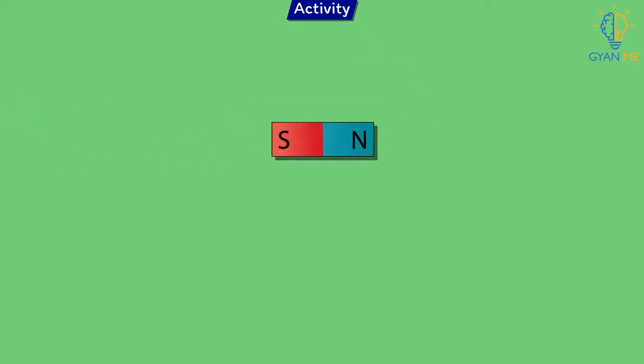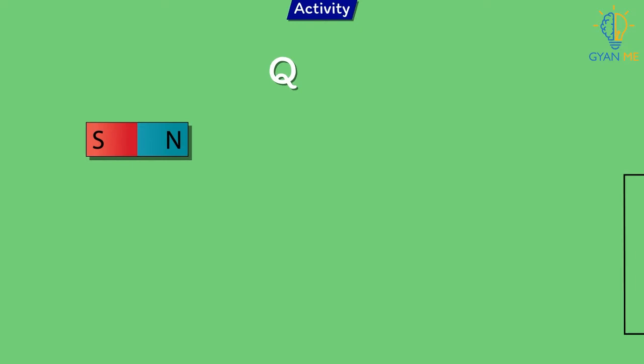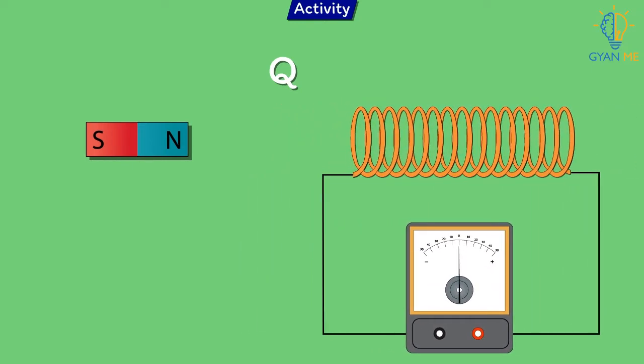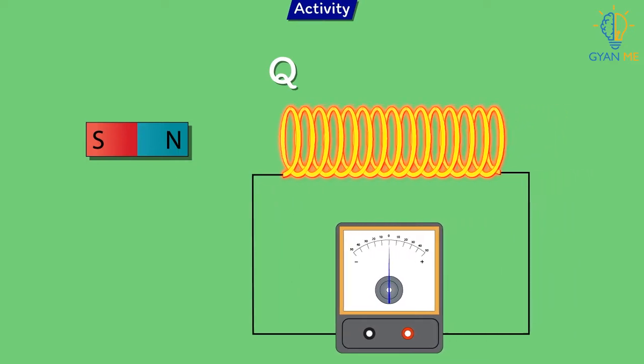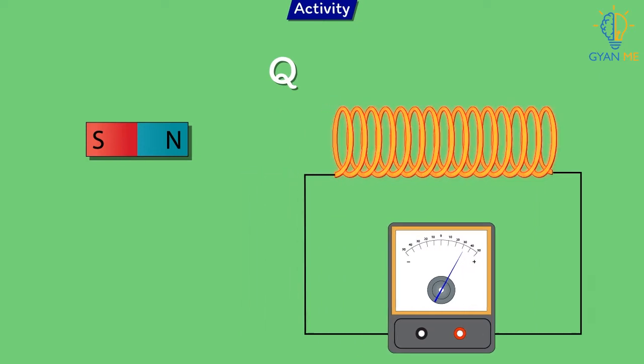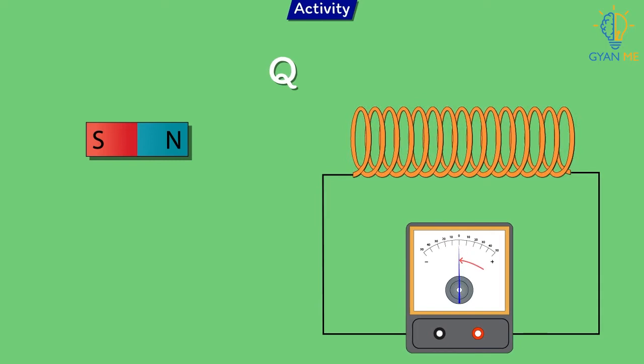Let's keep a bar magnet stationary, say near a point Q, and move the coil towards and away from it. What do you observe? Yes, the needle deflects to one direction, say right. And when the coil is moved away from the magnet, the deflection of the needle is in the opposite direction, that is, say towards left.